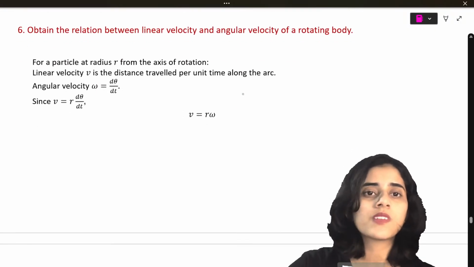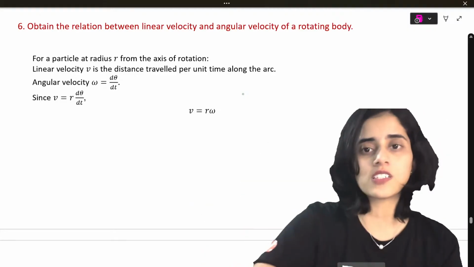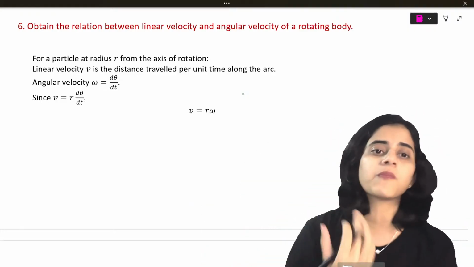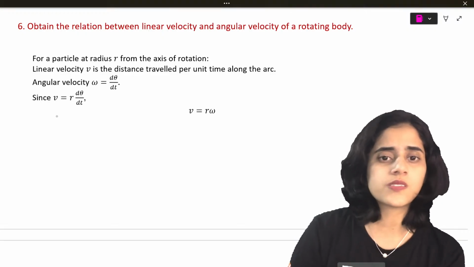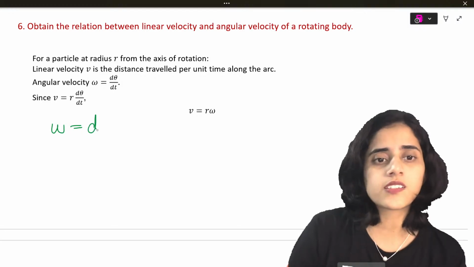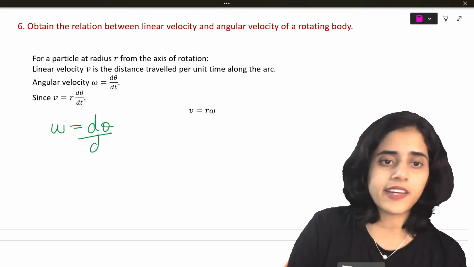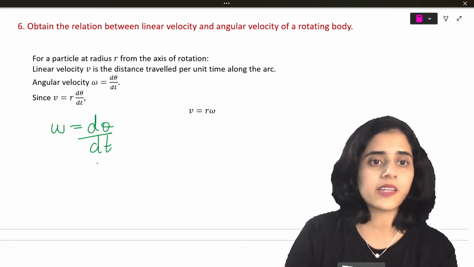Next question. Obtain the relation between linear velocity and angular velocity of a rotating body. Already I explained this to you. What is angular velocity? Change in displacement by time, so angular velocity is angular displacement by time.